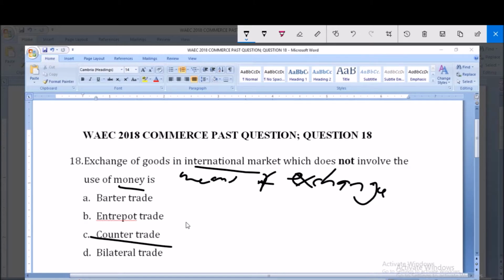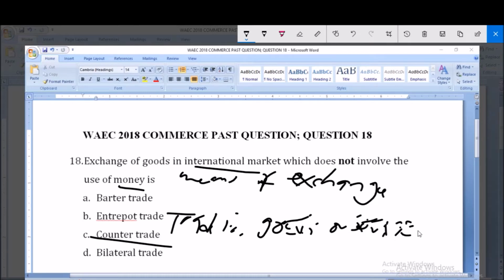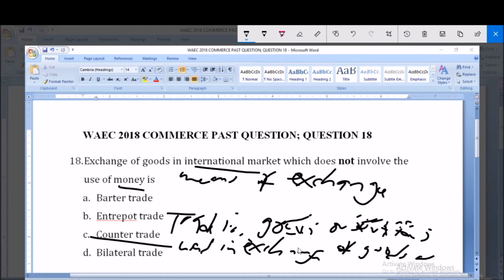Counter trade means a trade in which goods or services are used in exchange of other goods or services.